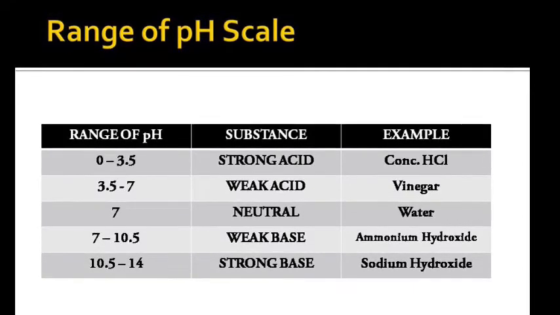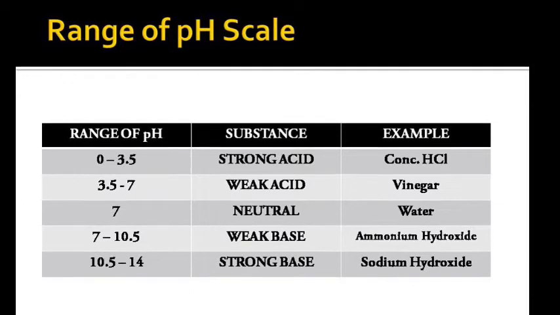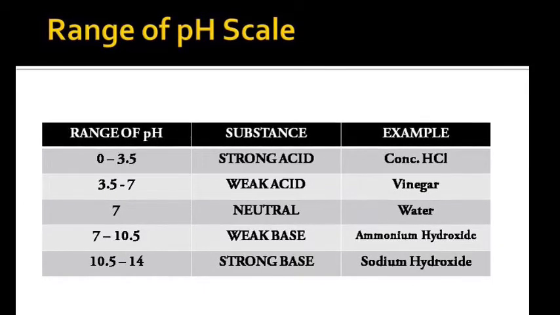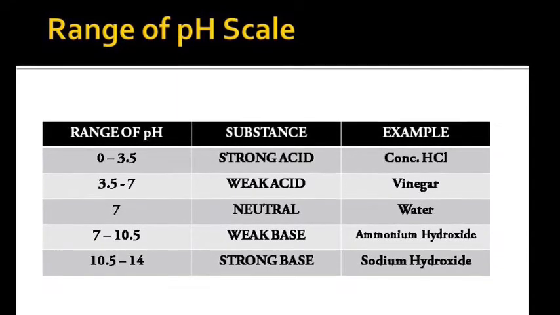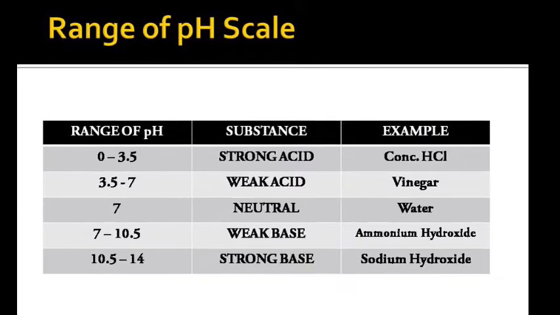If the range of pH is from 10.5 to 14, it's a strong base. For example, sodium hydroxide, potassium hydroxide, calcium hydroxide, these all are strong bases. So generally the range starts from strong acid, then weak acid, then neutral, then weak base, and then strong base.